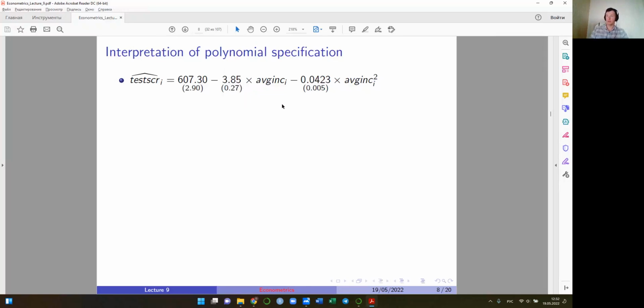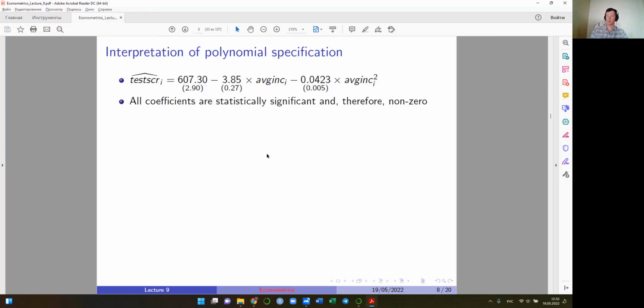And this is how we can prove that the squared specification is better than the linear one, because this coefficient is statistically significant, which means that the coefficient on the squared term is present in the population model.